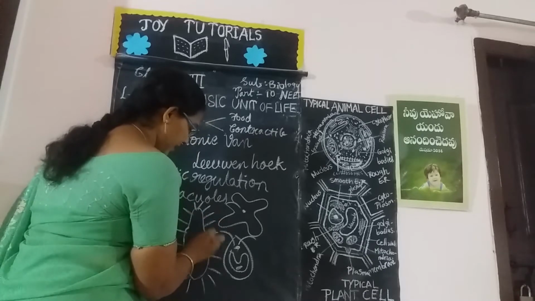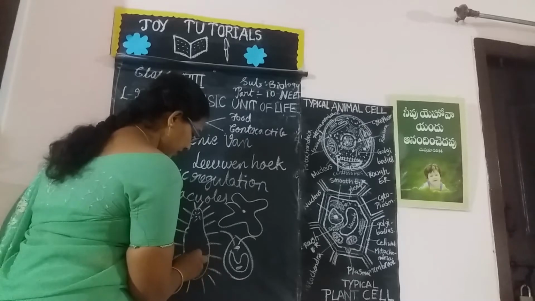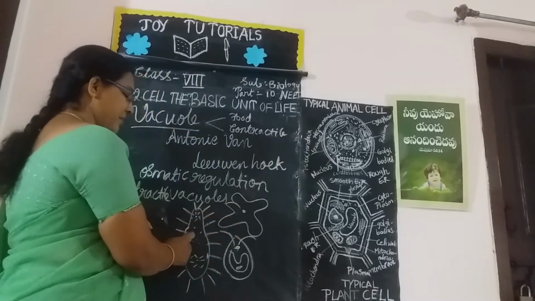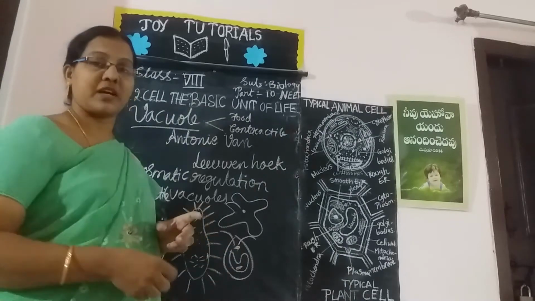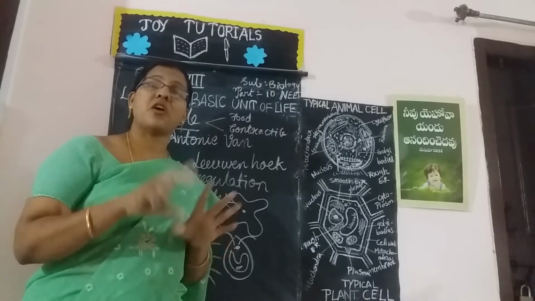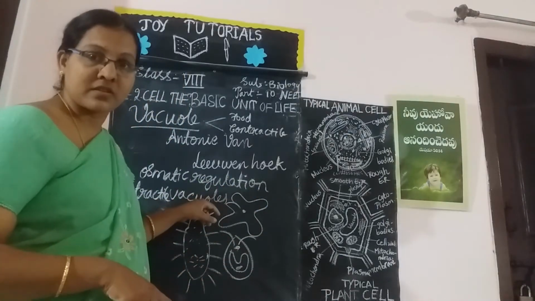These have flagella. They contain contractile vacuoles. These are unicellular organisms, where a single cell can perform all activities. These contain contractile vacuoles.